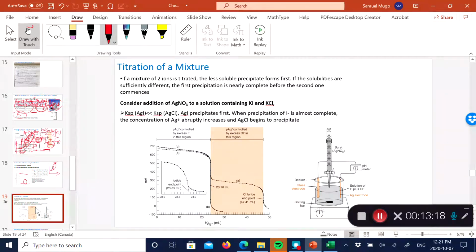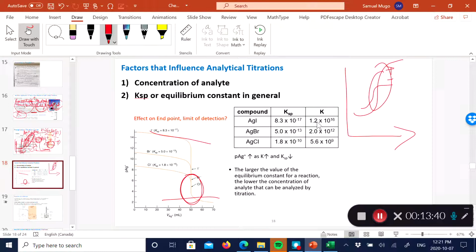So I hope you can see that, like I've said before, you can titrate a mixture, just like we did before, by precipitating a mixture. You can titrate ions in a mixture. For example, in this case, I've got iodide. The iodide we know precipitates first, because its KSP is much, much smaller compared to this other one, the chloride, so it's going to precipitate first.